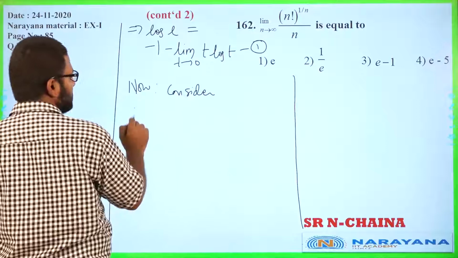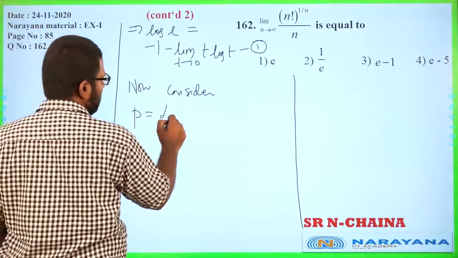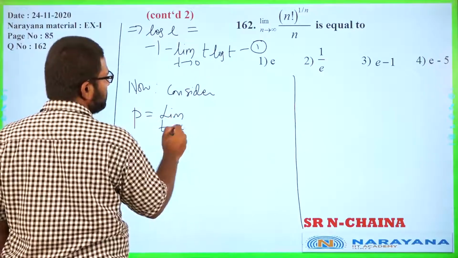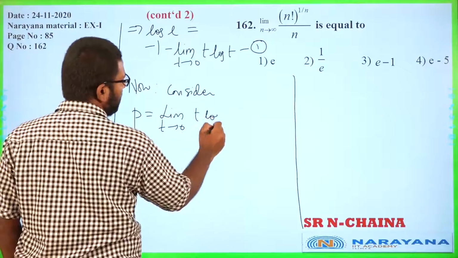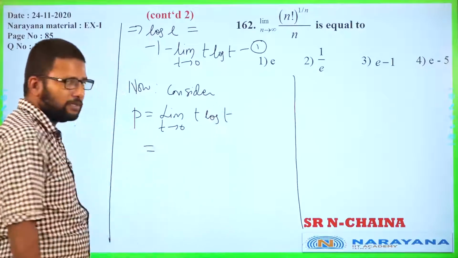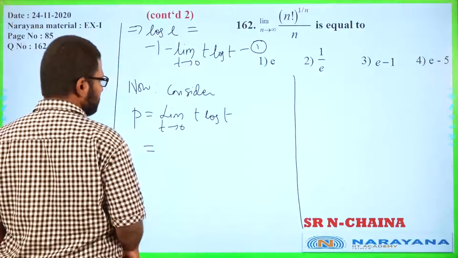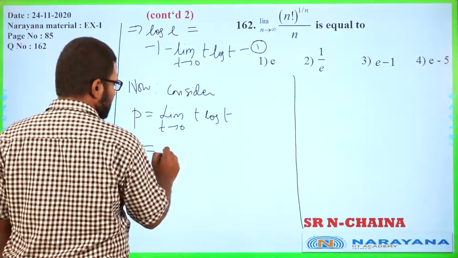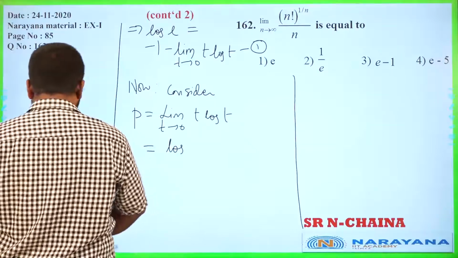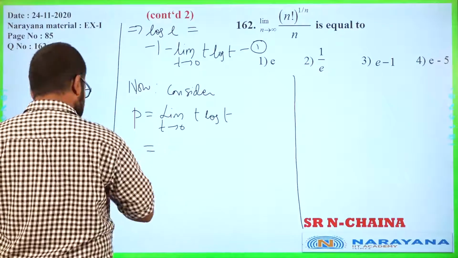Consider, let us say, p is equal to limit t tends to 0 of t log t. Now we need to figure out the actual value, because it is indeterminate. So make this as limit t tends to 0 of log t upon 1 by t.